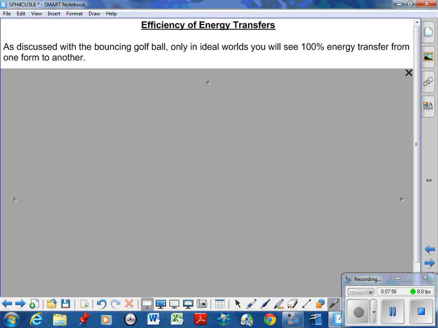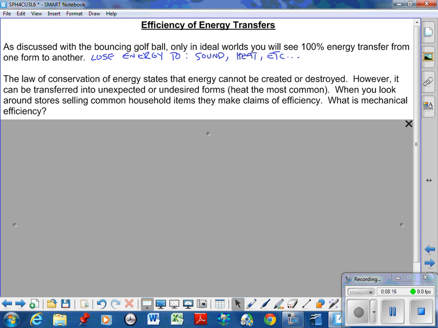We'd never see this in the real world because we lose energy to sound, or it could be heat, etc. So there are undesirable forms of energy out there that siphon off that total amount of energy. The law of conservation of energy says we can't create it or destroy it, but it gets transferred into those undesirables, such as sound and heat.